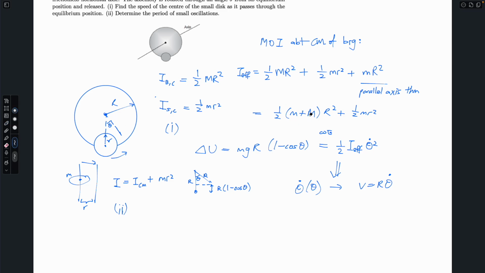Should be two over here. Yep. Okay. Anyways, for part two, they want us to find the period of small oscillations.